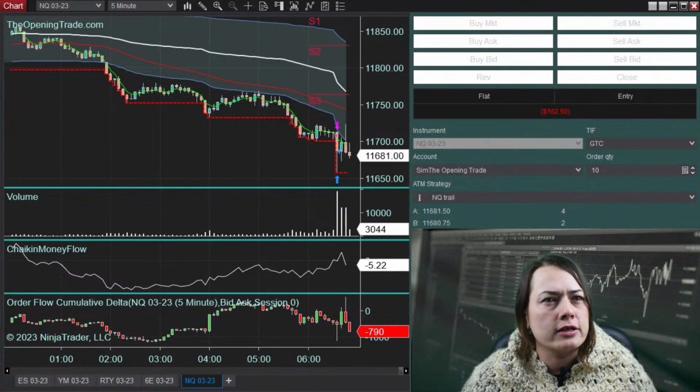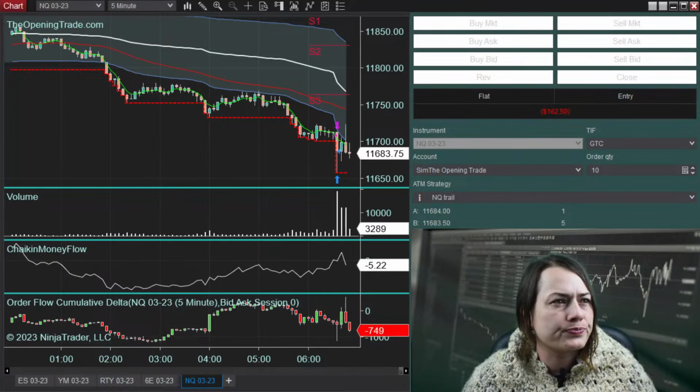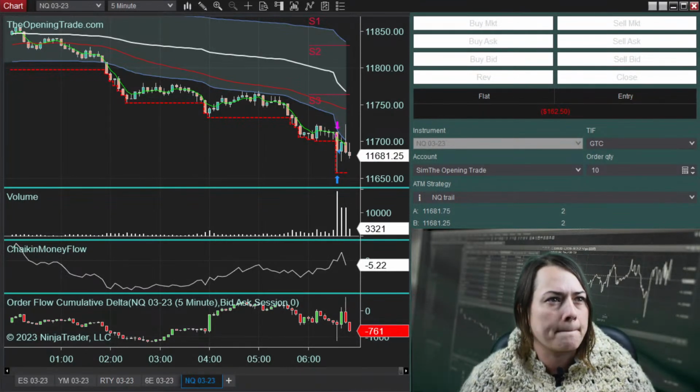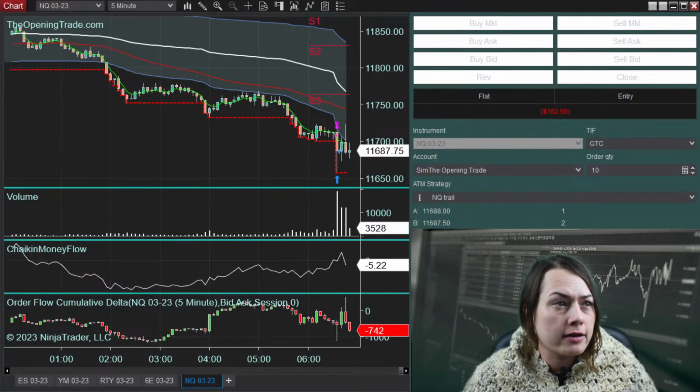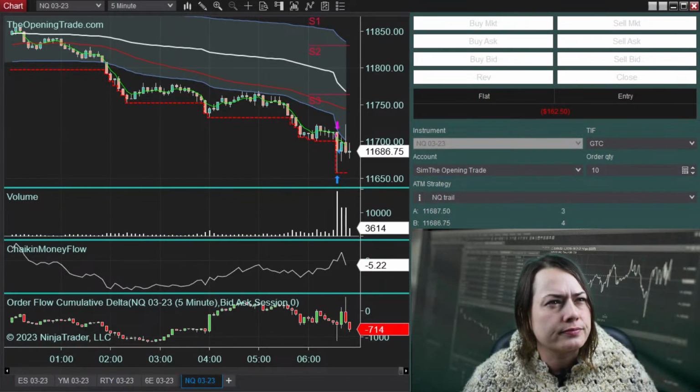ECB's Nagel: interest rates may need to rise again after March. And why is Esports Entertainment, with the ticker code GMBL, stock up 27% today?